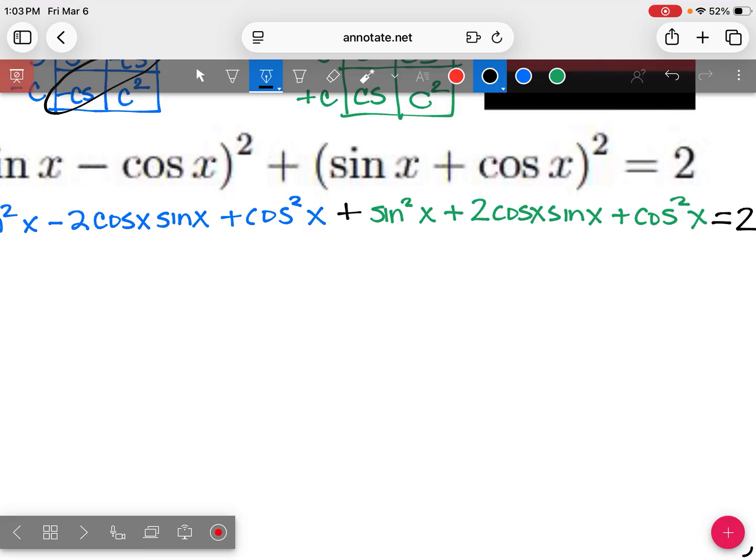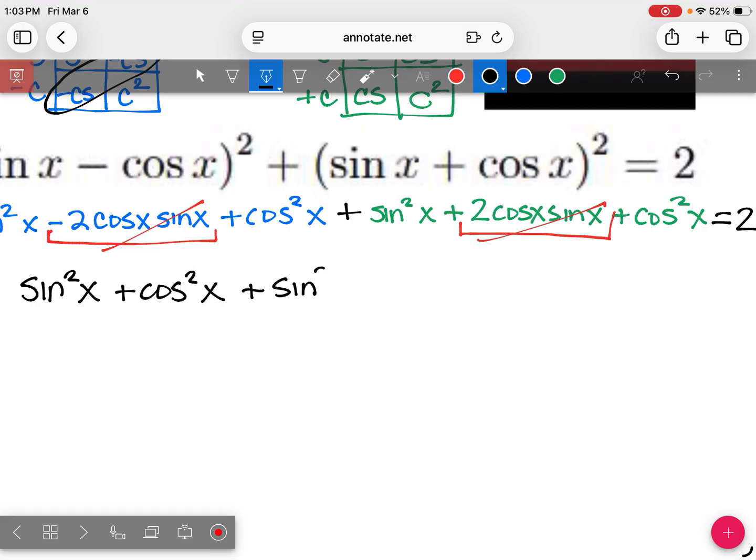Yep, I can cancel these out. Would you agree these two are opposites? Would you agree with that? So we can get rid of them. So now what I have left is a sine squared plus a cosine squared plus a sine squared plus a cosine squared, and that equals 2.